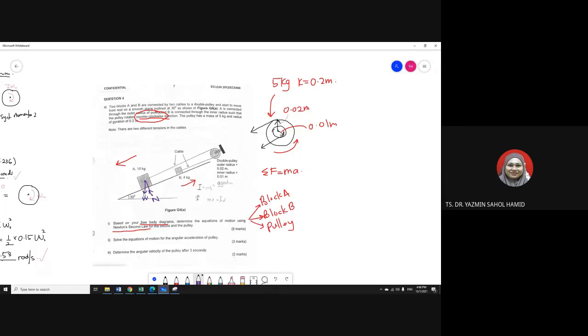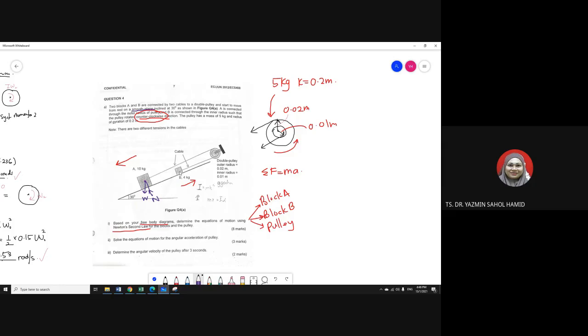No. Why not? Because the question says smooth plane. That is the clue. Due to the smooth plane, we have no frictional force here, so don't draw the frictional force.